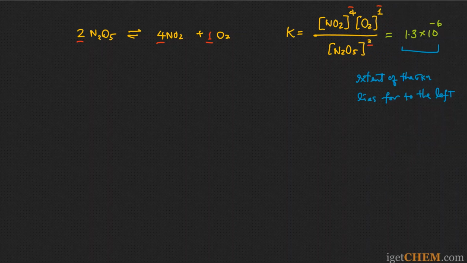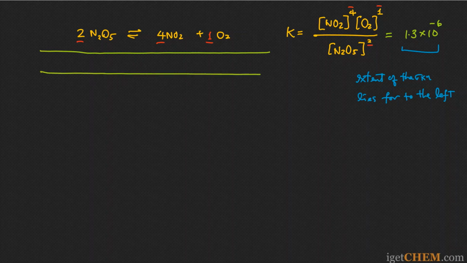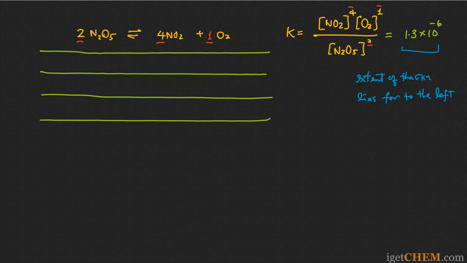We're going to first draw a table for the three lines we need in the ICE calculation. So I'm going to just put my table down. There are three lines to this table. The first line is I for initial.